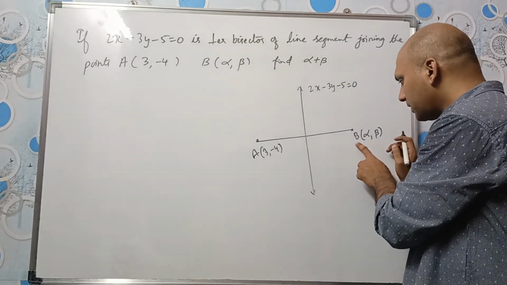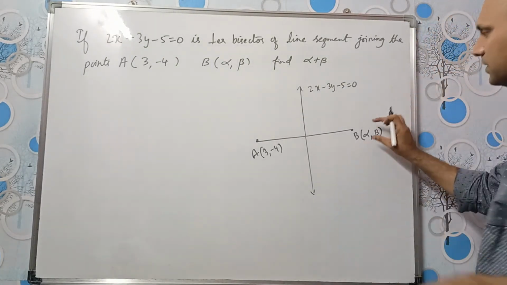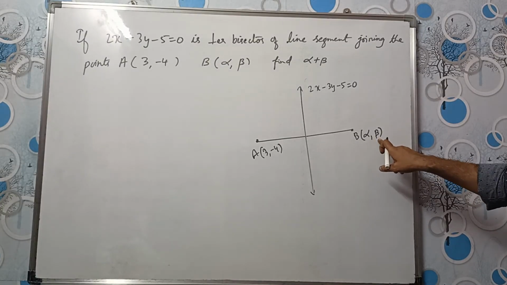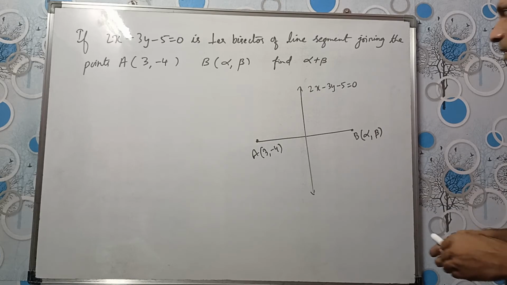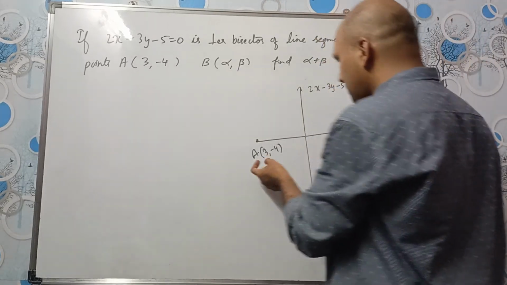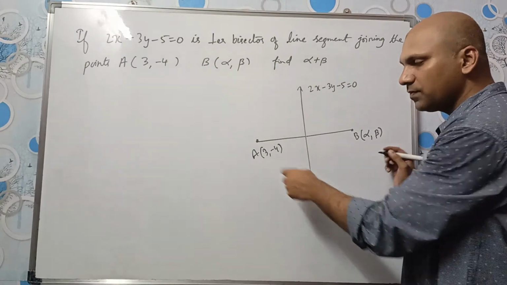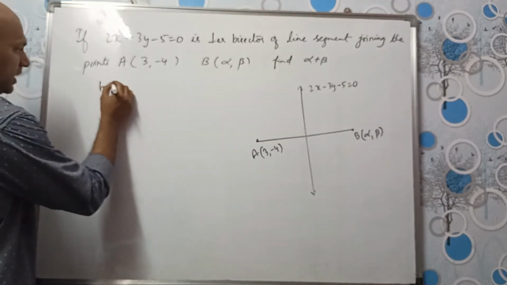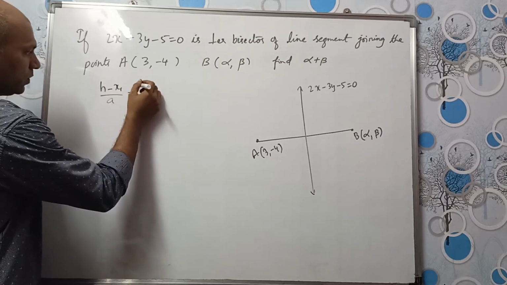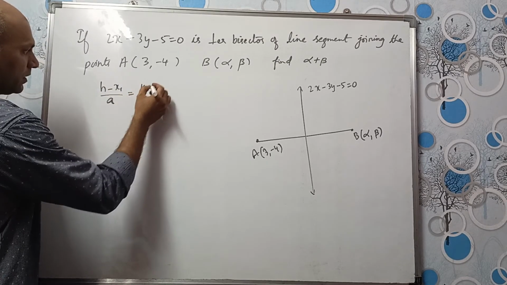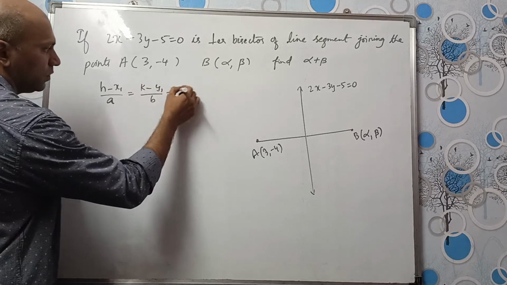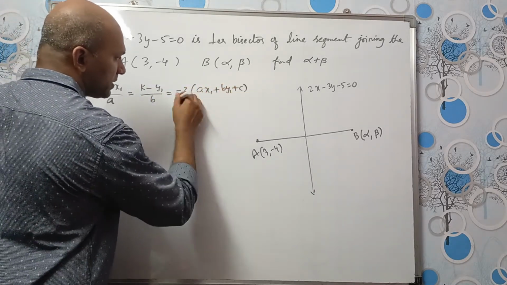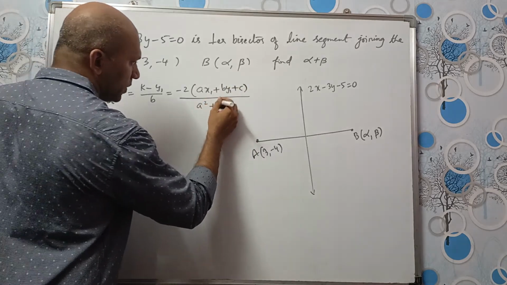First we need to find the coordinates of B and the addition of abscissa and ordinate. X value is called abscissa, y value is called ordinate, right? Just like the previous problem, this B is the image of A. Let us substitute these values in this formula: h minus x1 by a equal to k minus y1 by b equal to minus 2 multiplied by (a x1 plus b y1 plus c) divided by a square plus b square.